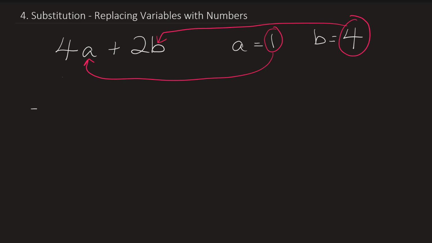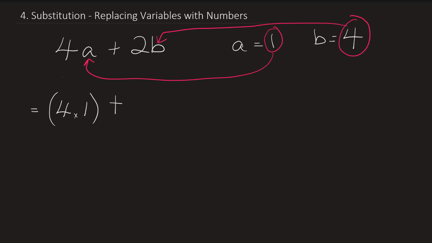I'm going to just do this really longhand, and once you get better at this you can do this much faster. So 4a is actually 4 times a, and a is 1, and I'm also going to put brackets or parentheses around them just when I start.